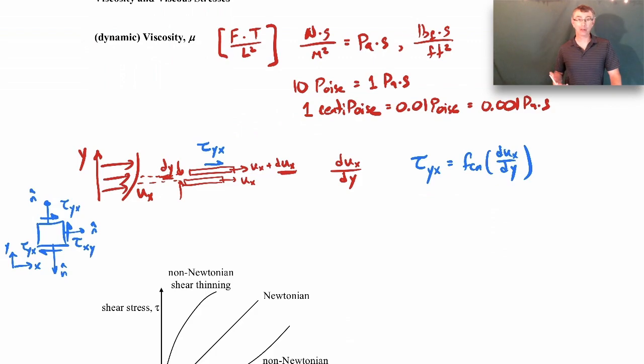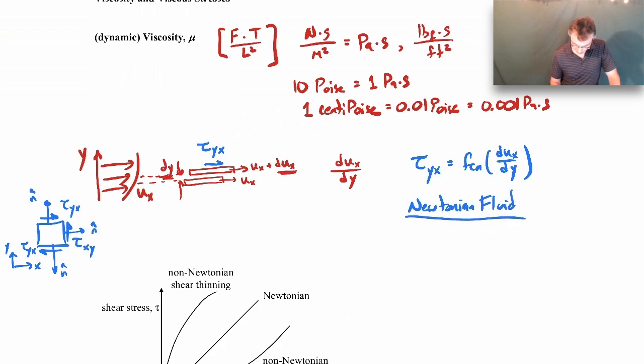Now, what is that function? Well, it turns out for different fluids there are different functions. But one very common type of fluid, known as a Newtonian fluid, has a proportionality between these two things. So for a Newtonian fluid, that function is just a proportionality. So tau yx is proportional to dux dy. And let's just put a constant of proportionality in there.